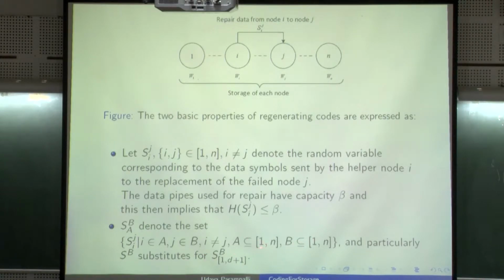Now the other one, A is 1 to n plus 1. Why D plus 1? There are D nodes.